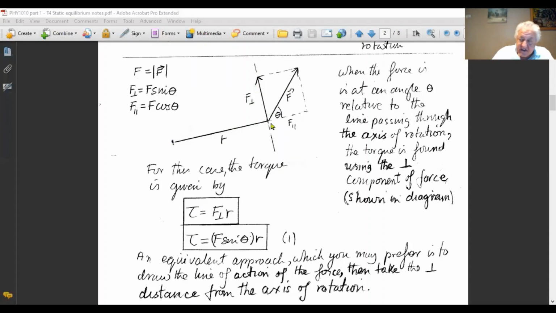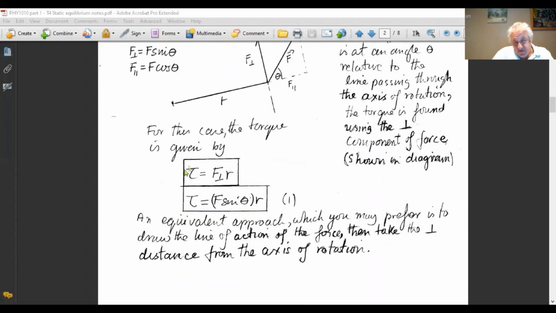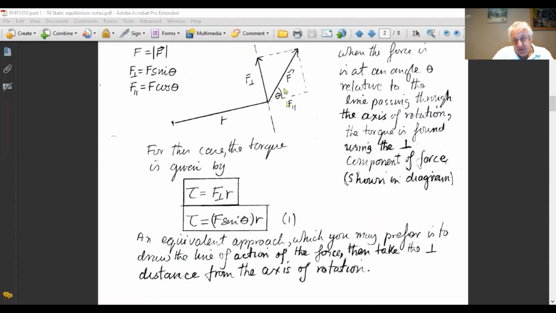And r is the distance to the point of action of the force. So the formula then becomes this, and we see from our normal way of resolving vectors that F perpendicular is the opposite. So the formula becomes F sine theta r.